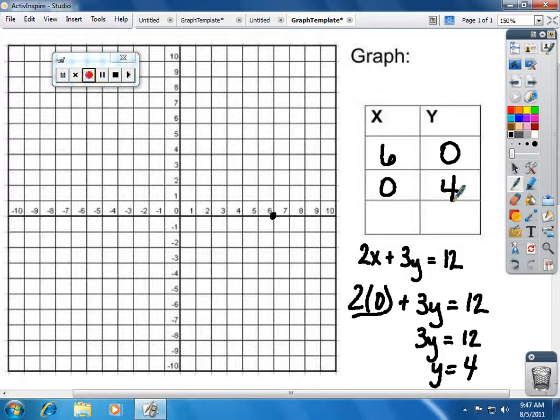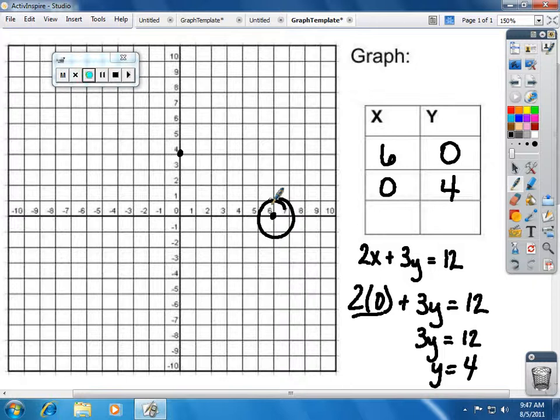Now, I want to take this time to point out what many students, including myself, have to stop and think about from time to time. In order to find the x-intercept, y is equal to 0. In order to find the y-intercept, x is equal to 0. So if you think about when you graph this, this point right here is your x-intercept, and at that point, that's where the graph will cross the x-axis.